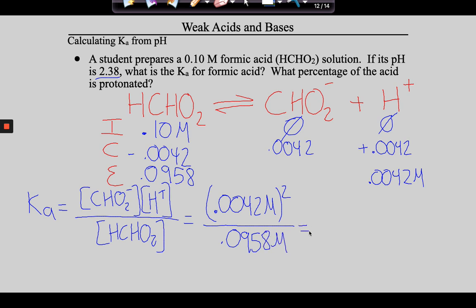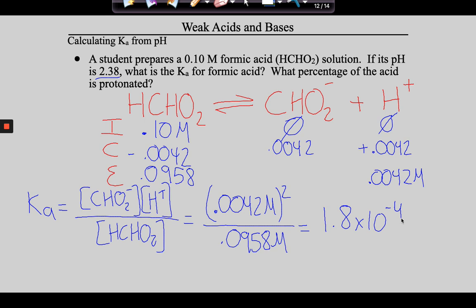And we do the math, 0.0042 squared over 0.0958. And our Ka is 1.8 times 10 to the negative 4. What do you think, y'all? Do you understand the math? Is that okay? Yeah, please.